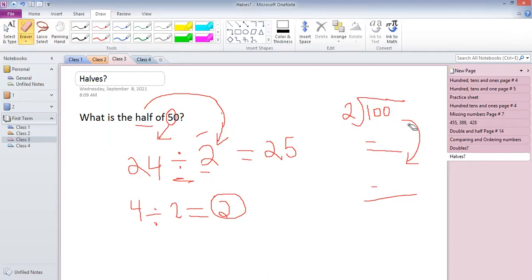Now I will check the table of 2 up to 10. 2 multiplied by what will give me 10? 2 multiplied by 5 will give me 10. I will write 10, 10 minus 10 is 0. Now this 0 will go down. Now check the table up to 0. 2 multiplied by 0 gives 0, and 0 minus 0 equals 0. This is finished, so the answer is 50. In this way you have to divide.